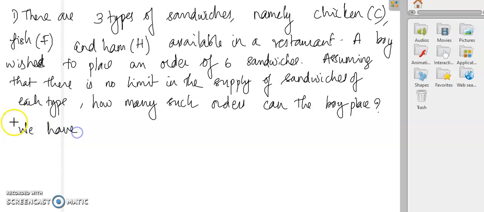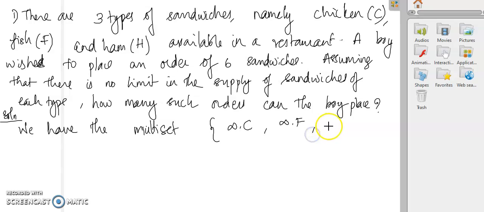We have the multiset infinity dot C, where C denotes the chicken sandwich, then infinity dot F for fish, and infinity dot H for ham. Now you have three objects where any number of repetitions are allowed.